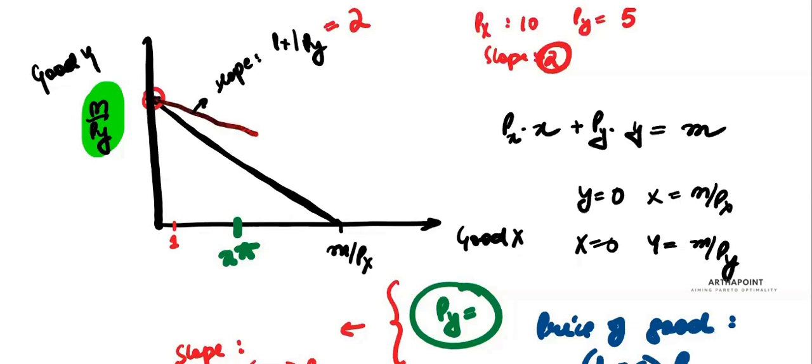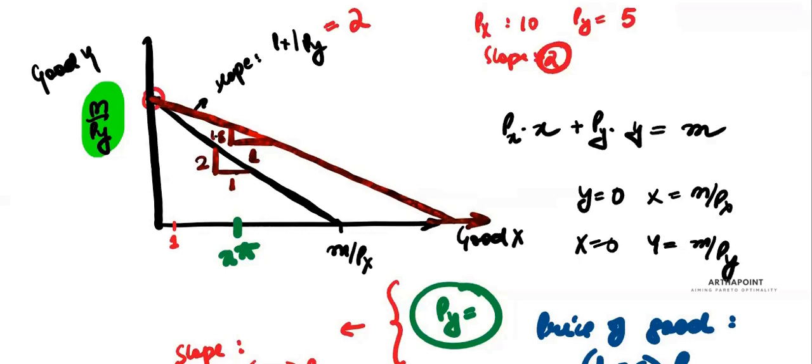This is going to be your slope, isn't it? For every 1 unit of this, you have 1.8 here. For every 1 unit of this, you have 2 here. So here it is more, here it is less. So this is going to happen. The slope is going to become flatter.